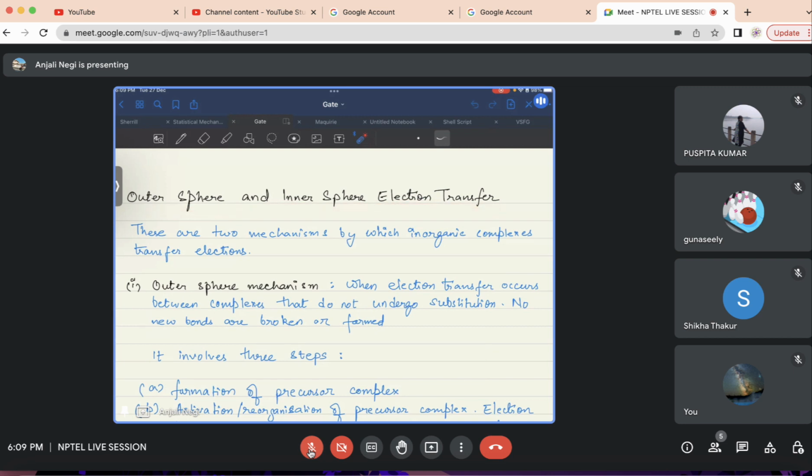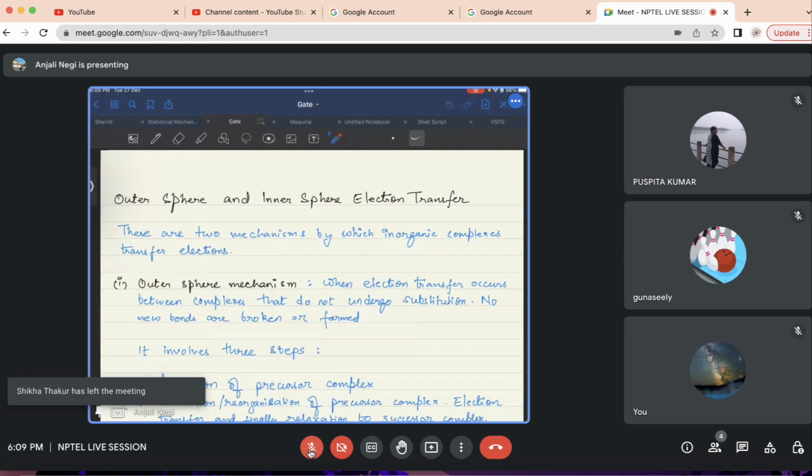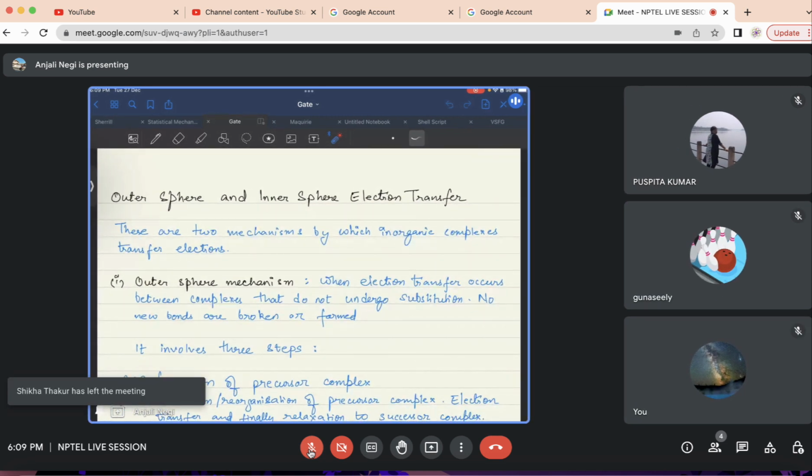As the name suggests, we will look into both one by one and then we will approach the problem with our concept. These are the two mechanisms by which inorganic complexes transfer electrons.